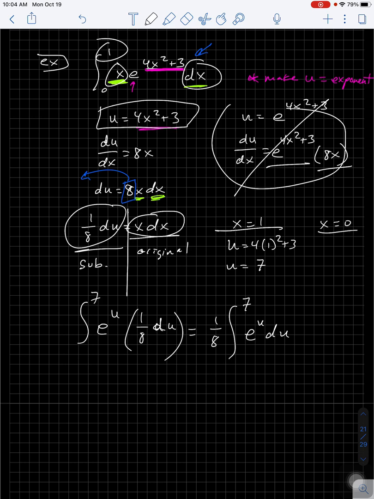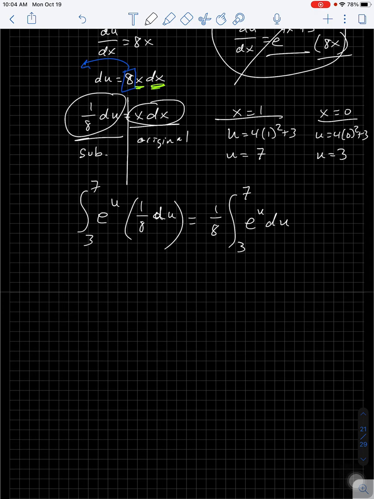And then when x equals 0, u is going to be 0 squared plus 3. I don't need to see this work, by the way. I'm just writing it down so that people are clear in the notes. So when x is 0, I get a 3. So my new numbers that I'm integrating between are 3 and 7.